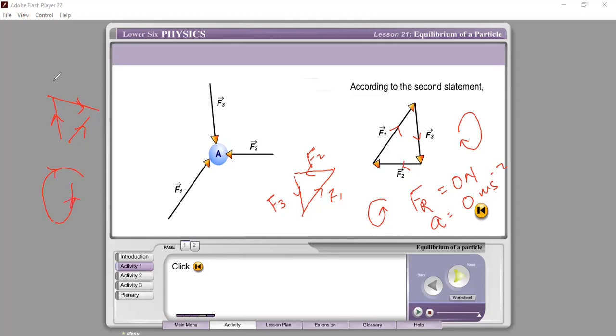Both directions form the triangle, so we say this triangle has a resultant force. Now let's move to the next slide.